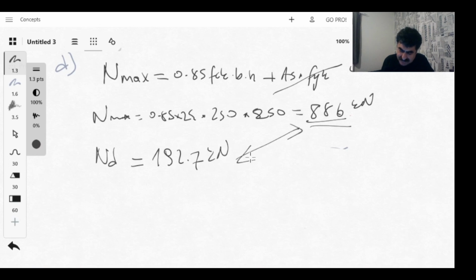So the design axial force is quite smaller than the axial load that can be carried by the column. So that's what we can say, we don't need reinforcement in the column because only concrete can carry all the load.